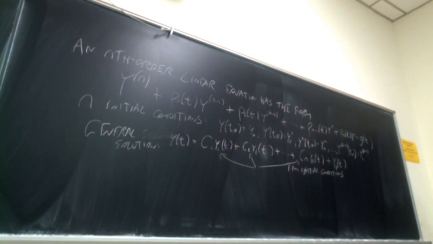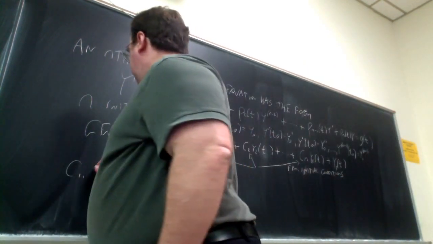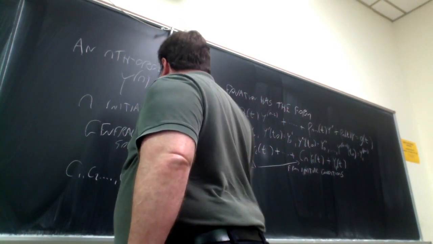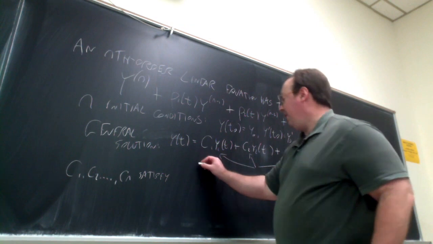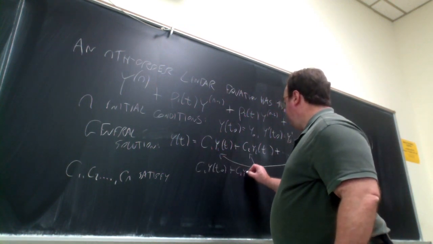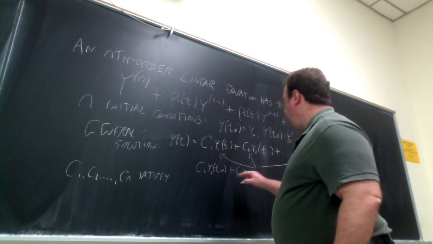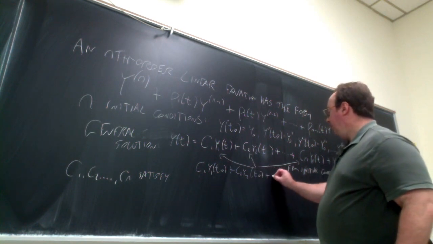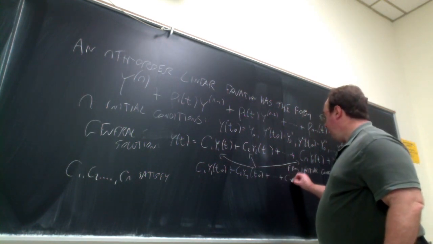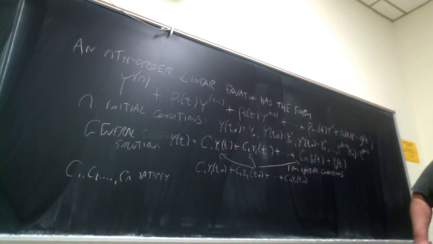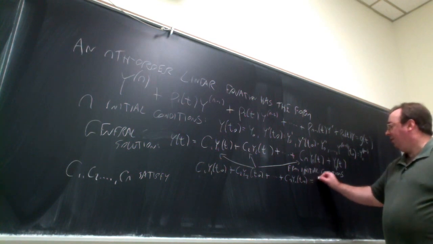When you go to find those constants, you have to satisfy this tedious system of equations. So we have C1 y1 of t naught, C2 y2 of t naught, and so on, up to Cn yn of t naught, and that has to equal y naught.